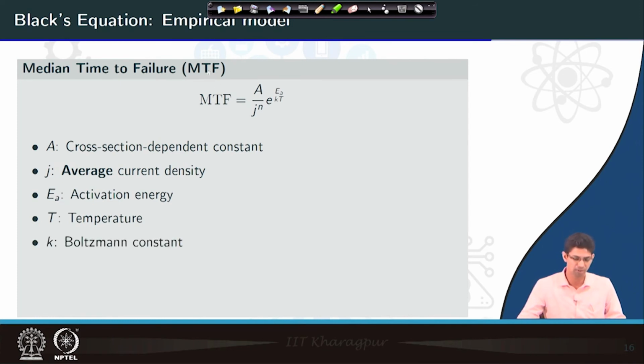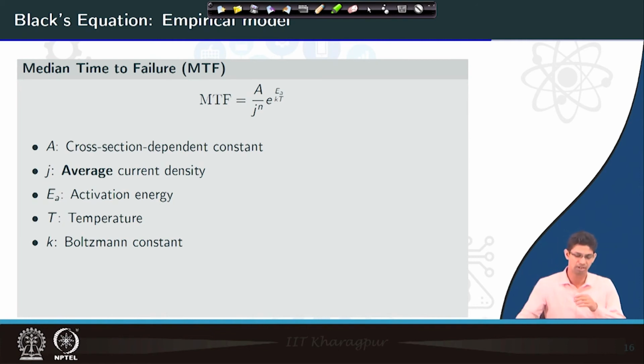From this equation we can make some inferences. For example, if my cross sectional area is more, my device or interconnect is less likely to fail, so my median time to failure would be longer. So A comes in the numerator of this equation. Now for current density, if my current density is more, then as we had argued, my device is more likely to fail because electromigration will be enhanced.